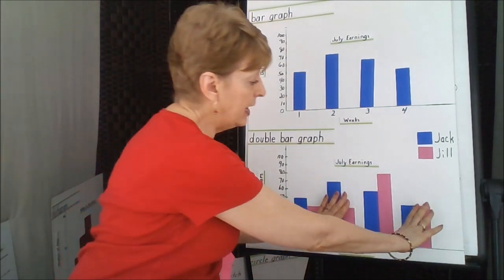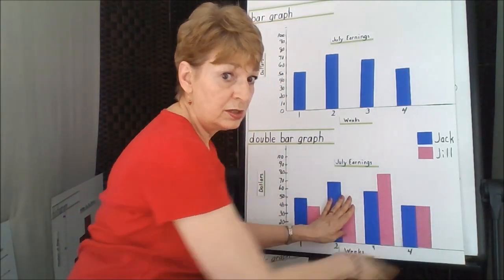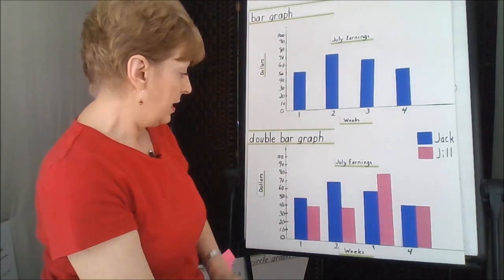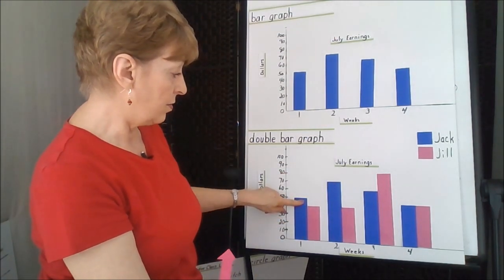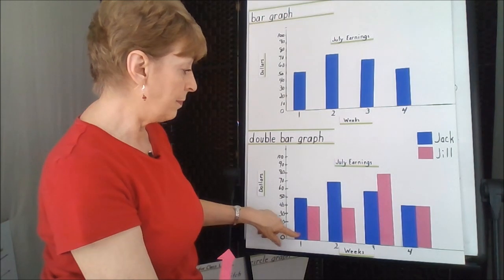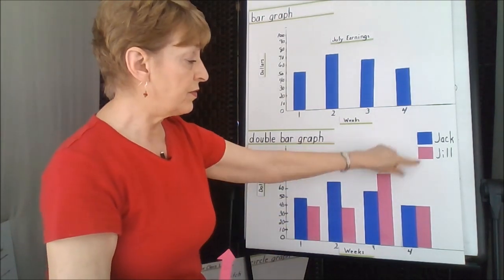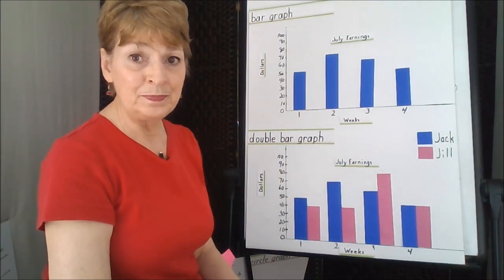We can certainly see on week 3, Jill had more, but on week 2, Jack did. And Jack was ahead of her here too. So perhaps if we added up all 4 of the weeks, we would be able to find out which of the 2 made more money.